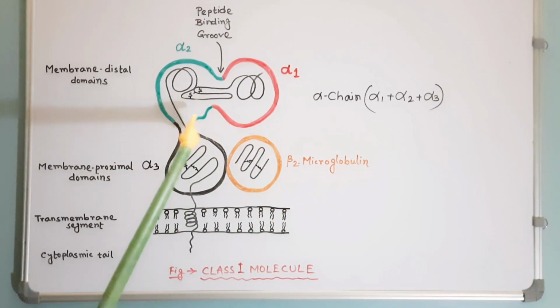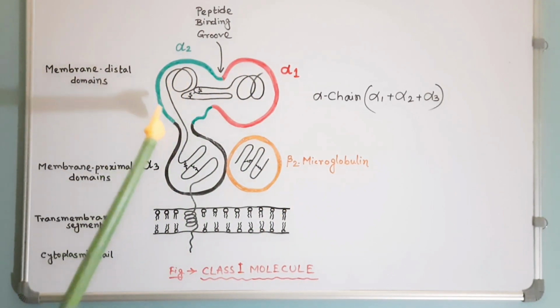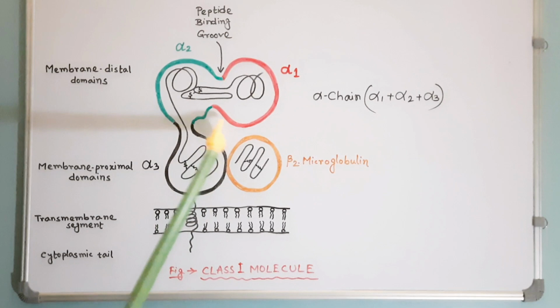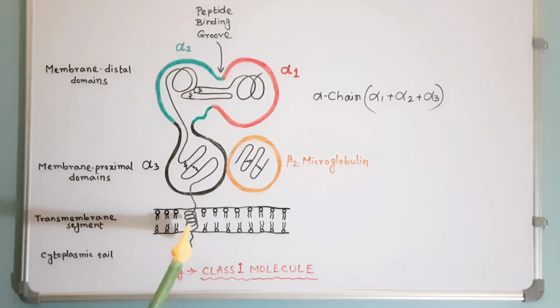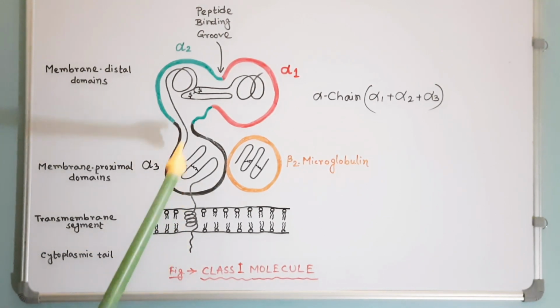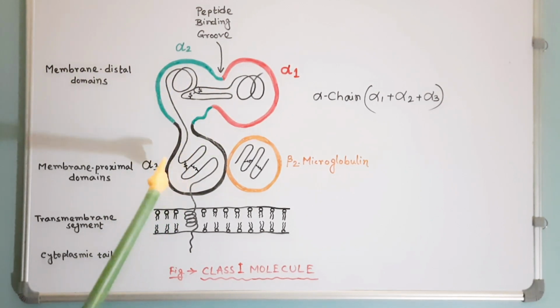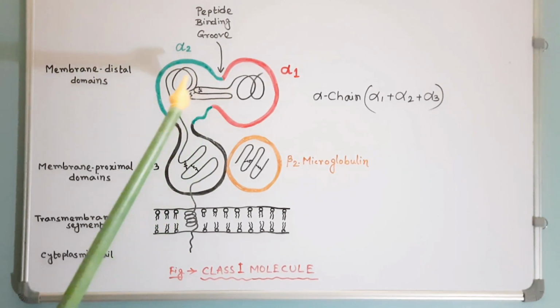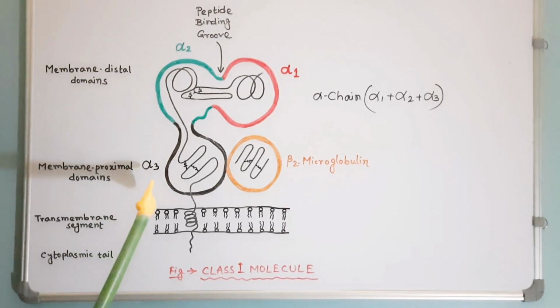The alpha chain is organized into three external domains, a transmembrane domain and a cytoplasmic anchor segment or cytoplasmic tail. The external domains are marked as alpha 1, alpha 2 and alpha 3.